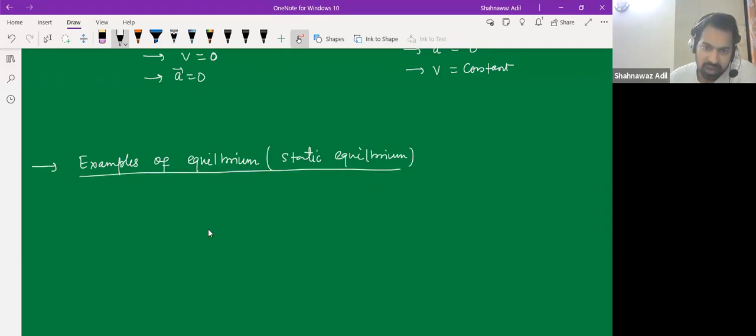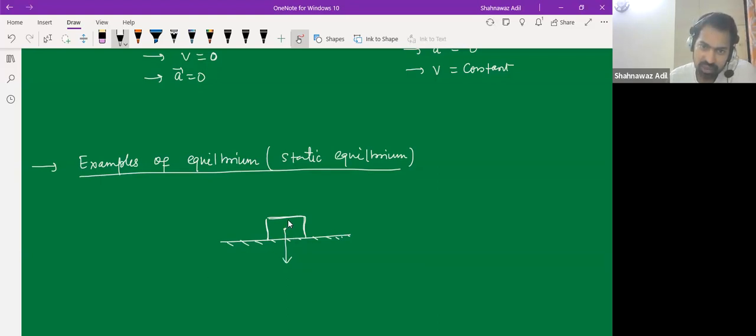This is the object, which is placed on the ground, and it is experiencing the weight, mg, where m is its mass.